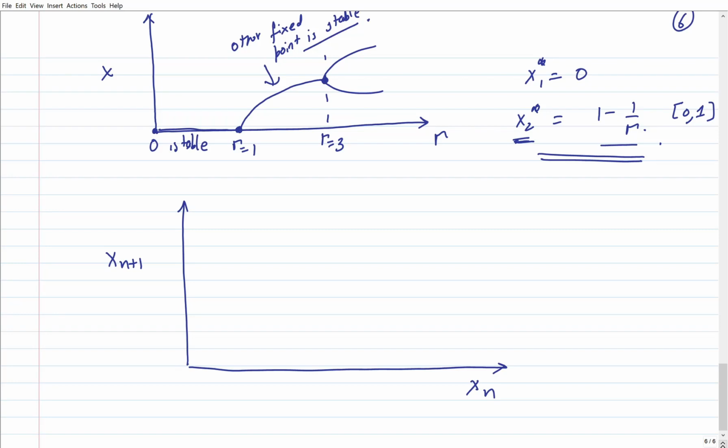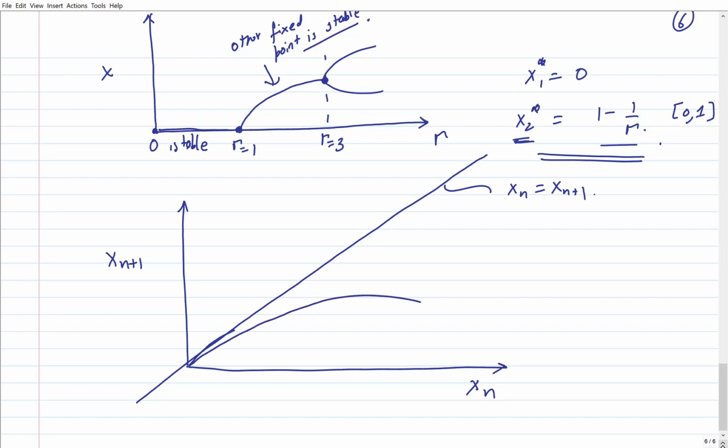It's always nice to draw this diagonal line, which is this line. And let's analyze some case where R is some number less than 1.